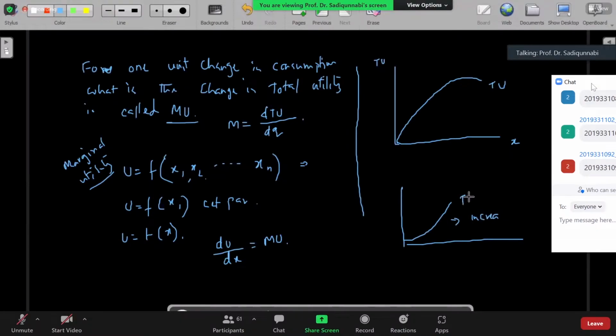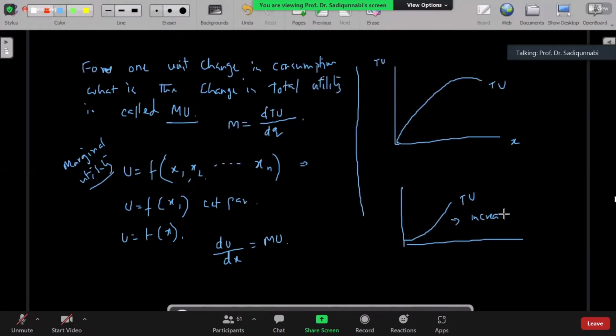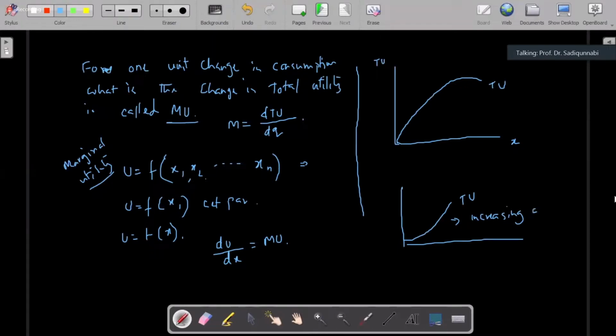Total utility is increasing at an increasing rate. But in the above graph, it is increasing at a decreasing rate. Can you tell me, if it is increasing at a constant rate, what would the curve look like? Straight line. It will be a straight line.